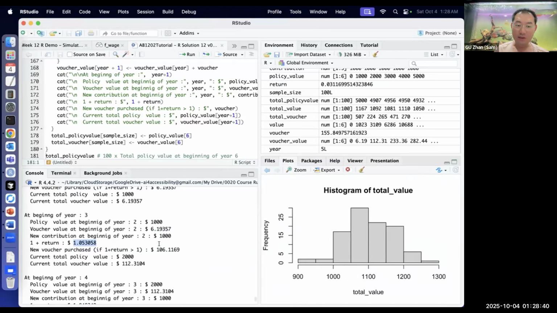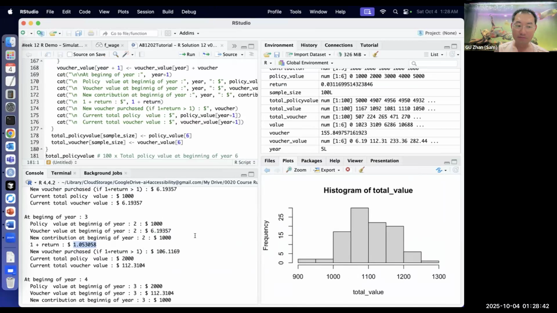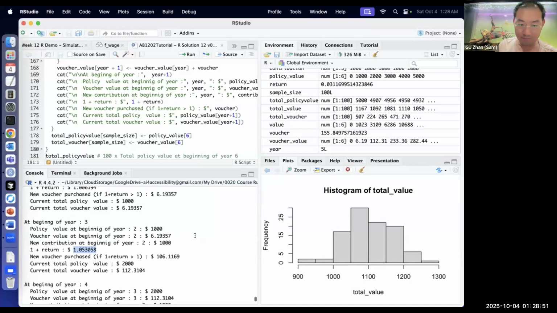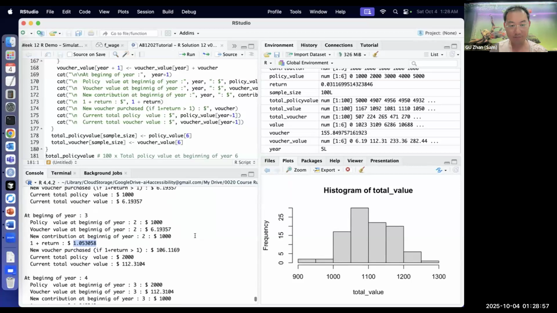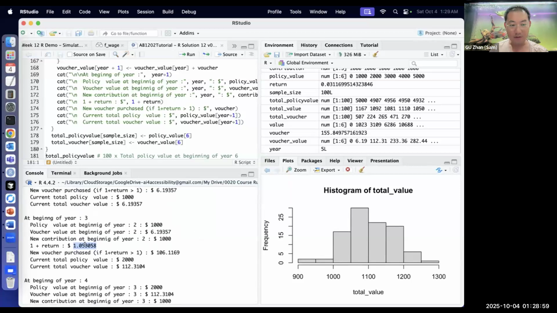So how do you calculate this new voucher purchased? The new voucher purchased is about 5% times how much money you have. You have 1,000 plus 1,000, so $2,000.